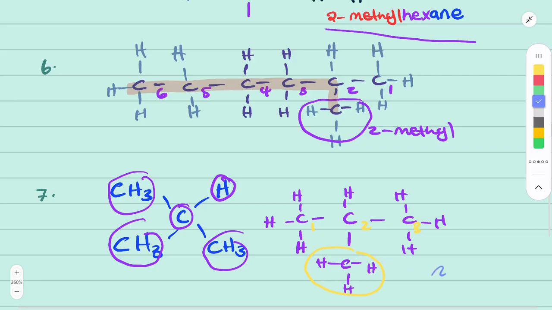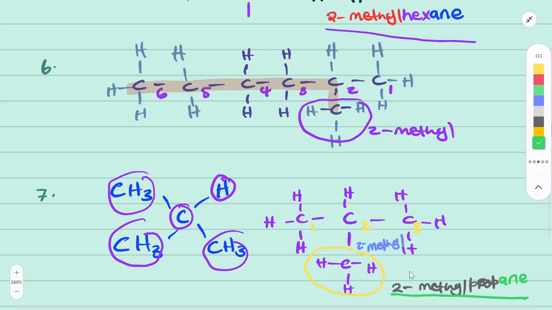So now we are going to say that here we have a methyl, but it is on the second carbon, so it's 2-methyl. 3 carbons is prop, and then the suffix here is going to be ane, because this is an alkane.